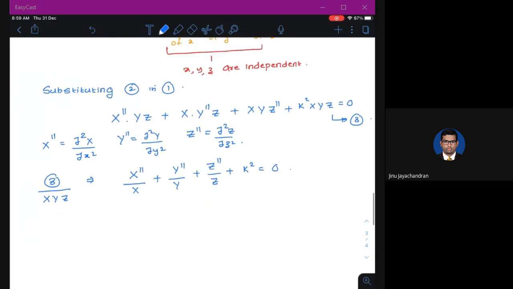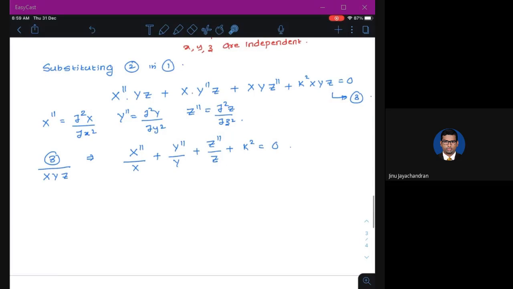So if you look at here, this is a function of x, y, and z, because X is a function of x, Y is a function of y, Z is a function of z. Similarly, each and every term. Now I want to make each term a function of only one variable, so that I can separate them out. So what I did, I divided by XYZ. So here, this is a function of only x, this is a function of only y, this is a function of only z, and this is a constant.